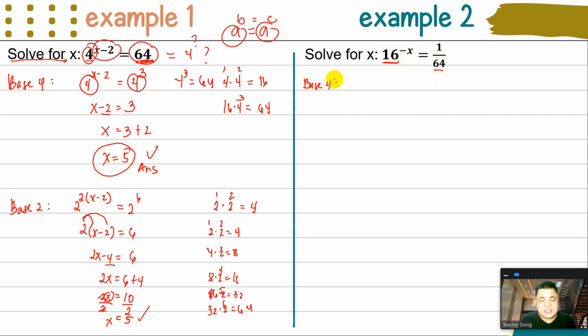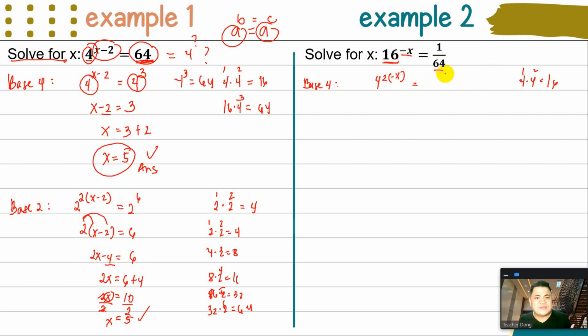So what if the base is 4? How many 4s are you going to multiply to get 16? So just multiply 4 times 4, 16. So we have now how many? 1, 2. So 4 squared times negative x, the original exponent, equals 1 over 64.